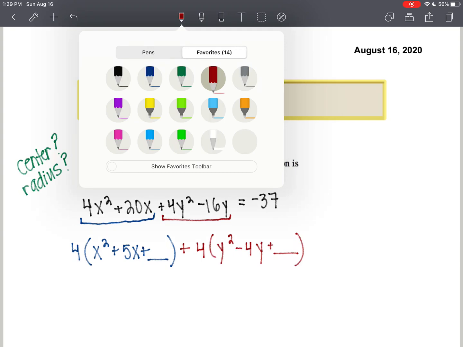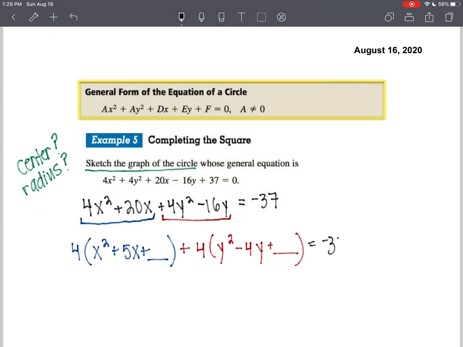And that is going to equal negative 37 in this case, plus we're going to have to add on the left side and add on the right side. So whatever we add to the left, we're going to add to the right, and we're going to end up having to do that twice because we're going to complete the square for our x values and then also complete the square for our y values.